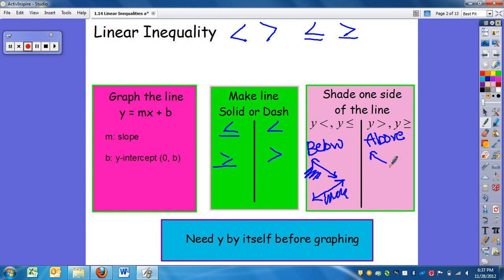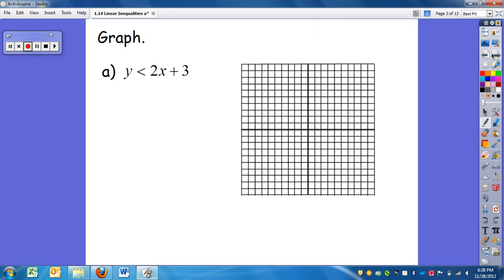So if the line has a negative slope, above the line would be this side. If the line has a negative or a positive slope, above the line would be here. And the last part of this is that you need to get y by itself before graphing, which we'll have a couple situations of that.